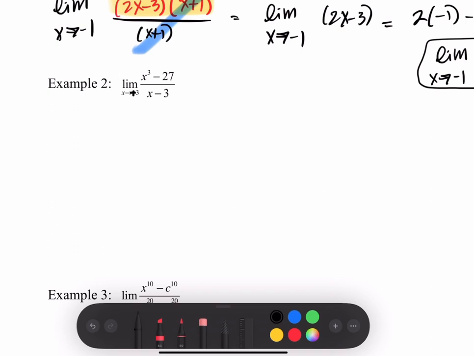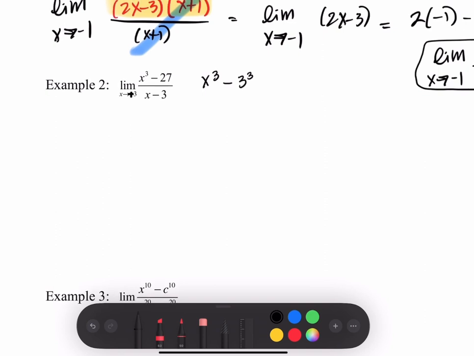And so I have x cubed minus 27. And because x is being cubed, I'm thinking, maybe this can be a difference of cubes. Does 27 have a perfect cube? And yes, it does. I know that 27 is the same as 3 cubed. And so in the same way that there is a difference of squares, and I know that the difference of squares is a lot more popular, right?